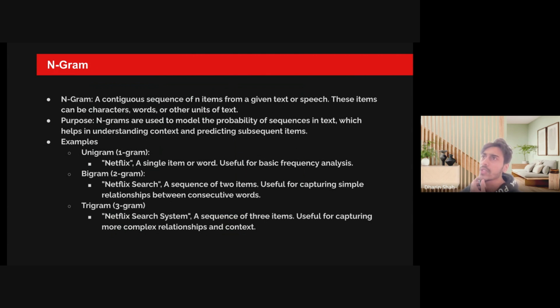And so an n-gram is basically a continuous sequence of n items. It's super simple. If it's 3 words, it's a 3-gram. N-grams are used to model the probability of a sequence in a text.